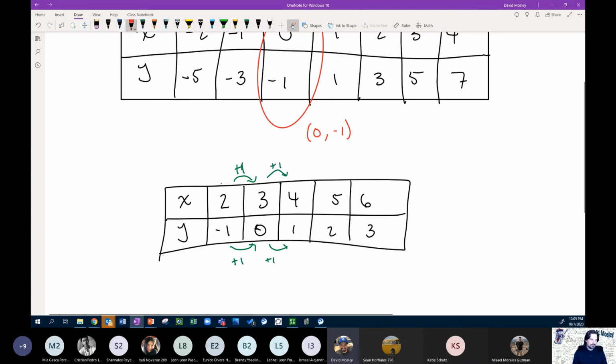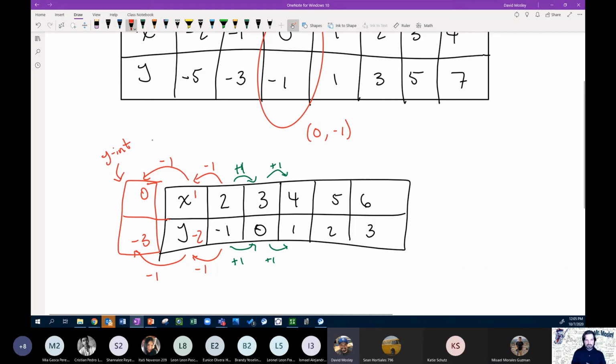So to go backwards, uno, uno. So if we go minus 1, 1, minus 1, 0, minus 1, negativo 2, negativo 3, and then that's the y-intercept.